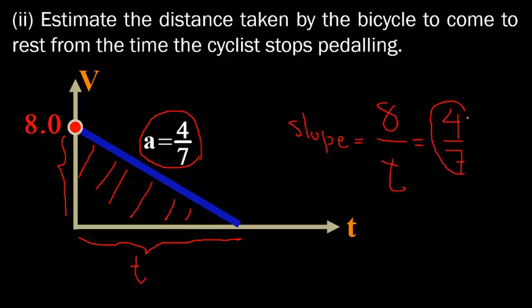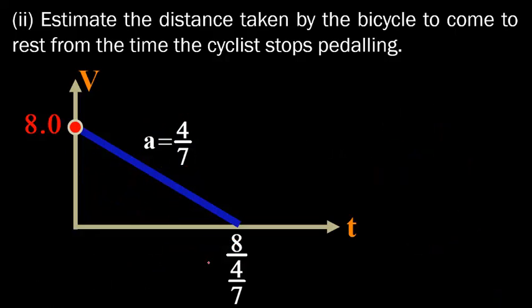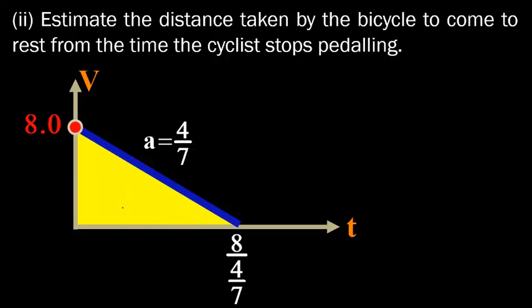If I rearrange the equation, t is equal to 8 over 4/7. This is the time at which the bicycle will stop.